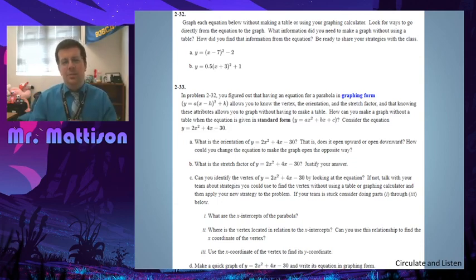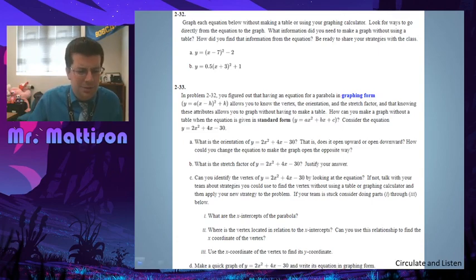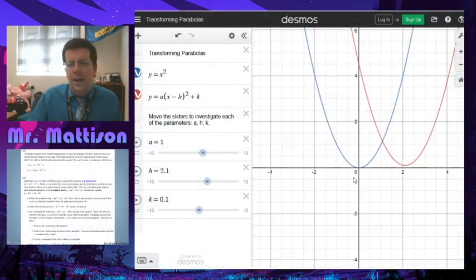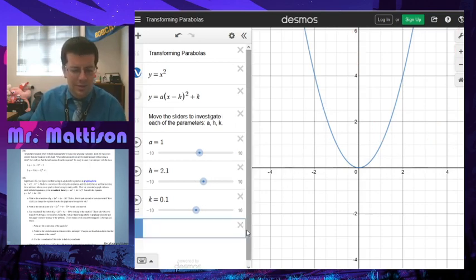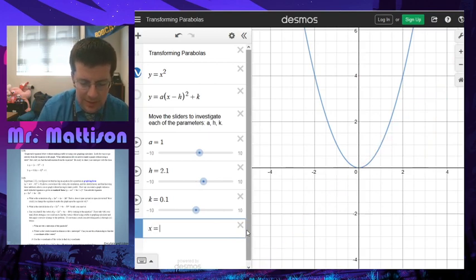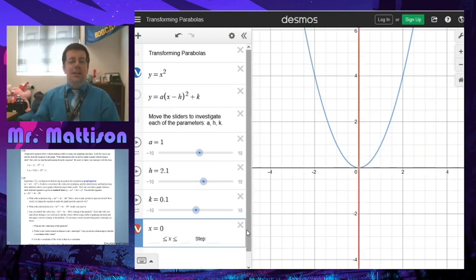And since every parabola graph is symmetric about some line, if I pull up Desmos to make this a little more visible, I'm going to hide that and just show you if I do x equals 0, right? So that red line is the axis of symmetry.